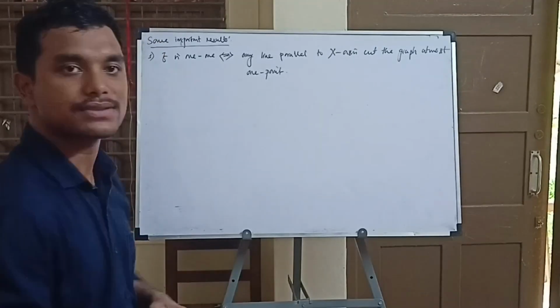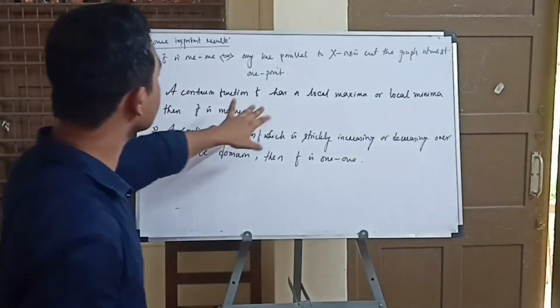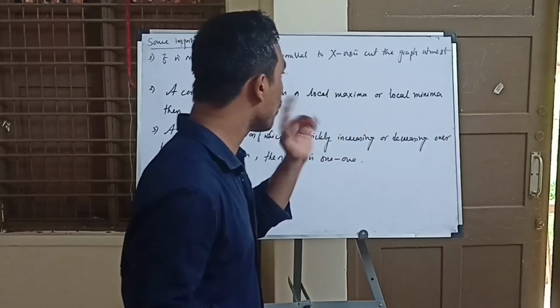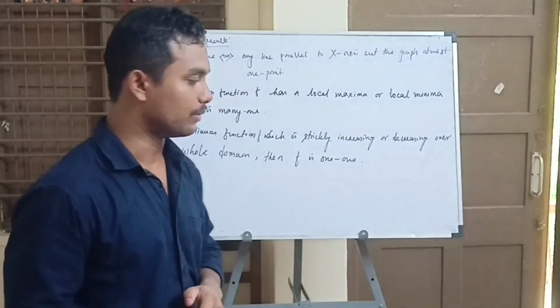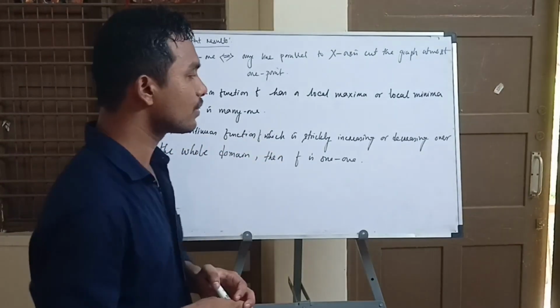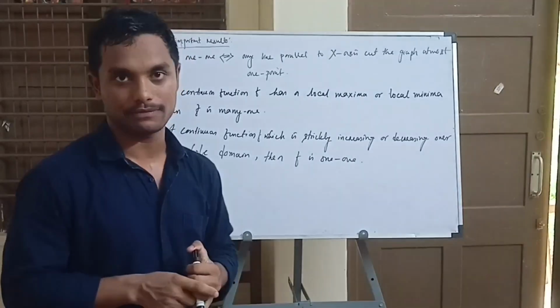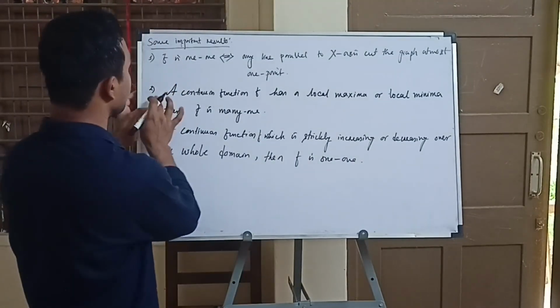Now let's come to the next important result. If a continuous function f has a local maximum or a local minimum, then f is many-one. A continuous function f which is strictly increasing or decreasing over the whole domain is one-one. Let me give some examples of the result.